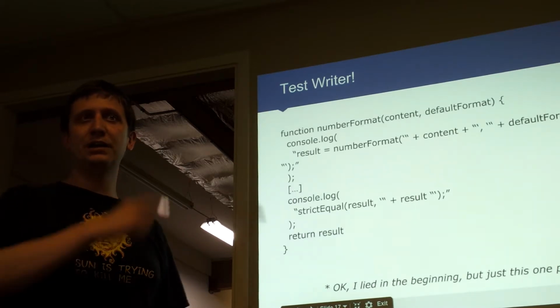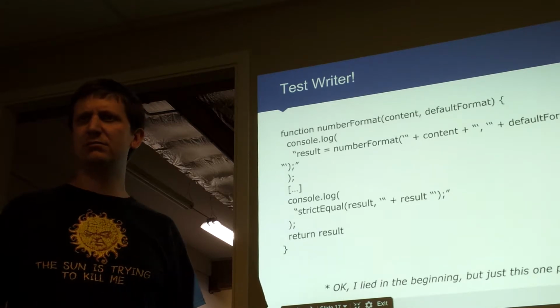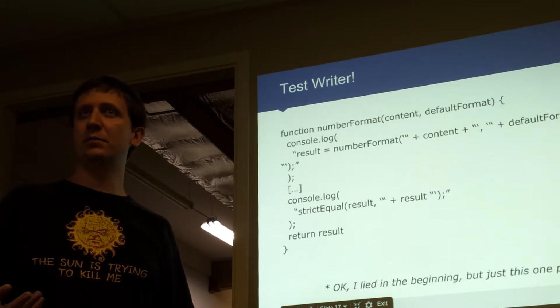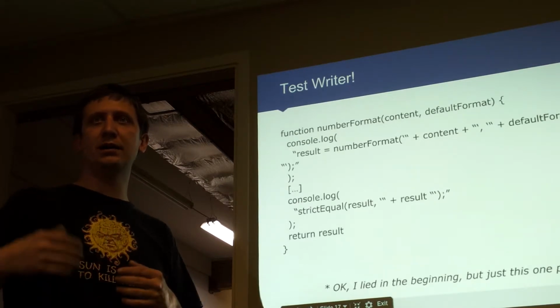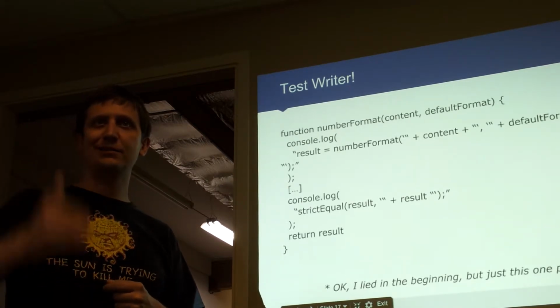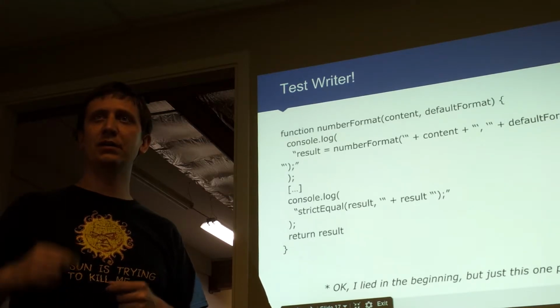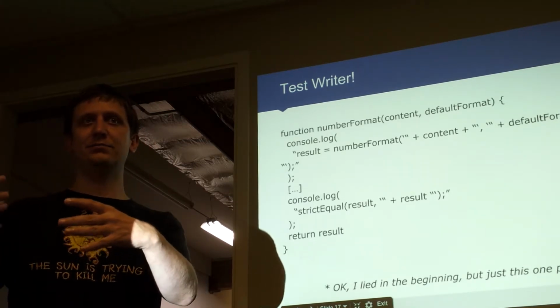This ended up writing, I bet, about 20,000 lines of test for me. I would load up every single report that we had in Phantom.js, capture all the console logs for everything, and take that as my new test framework.